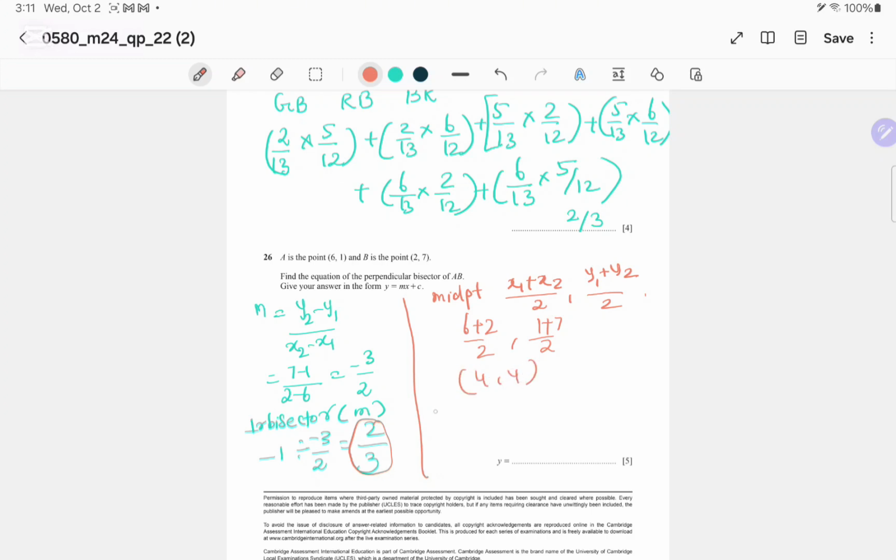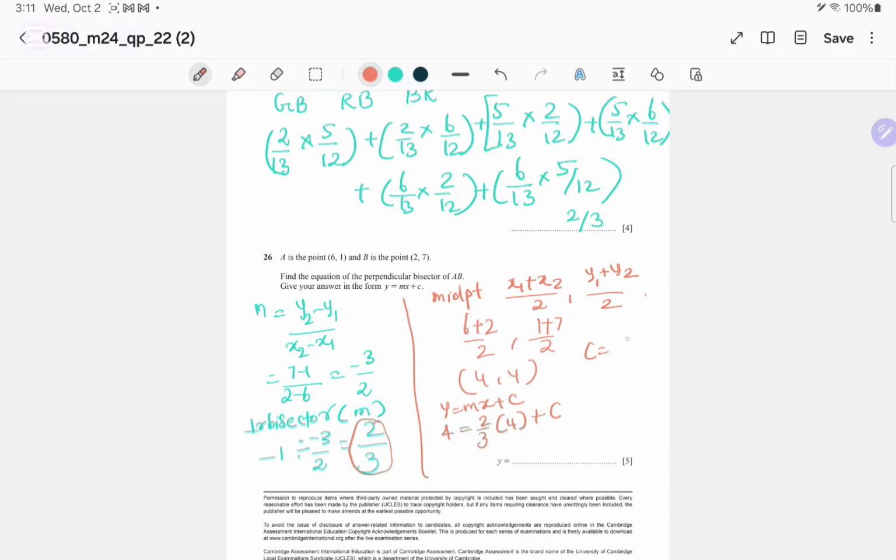Now the final answer for the equation y is equal to mx plus c. Y value is 4, m is 2 by 3, x value is also 4, plus c, so 4 equals 8 by 3 plus c. We will calculate c.